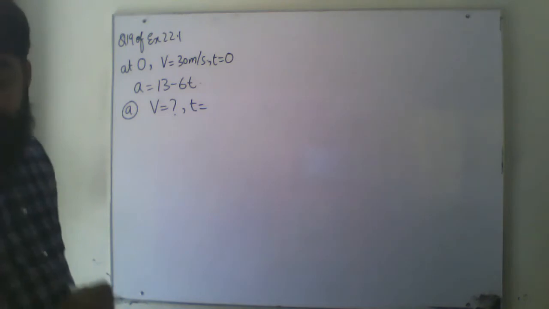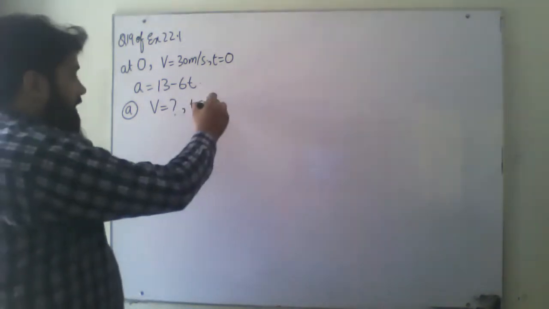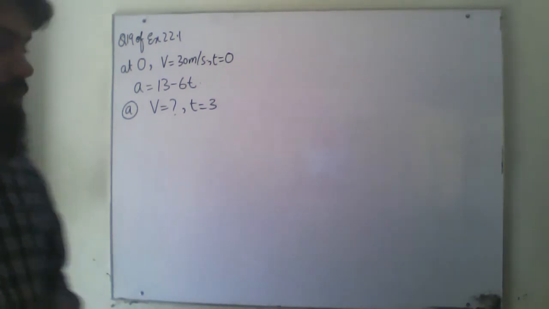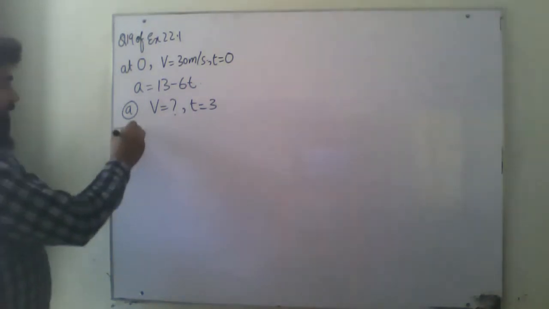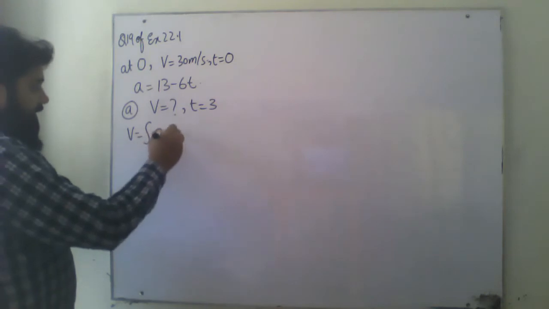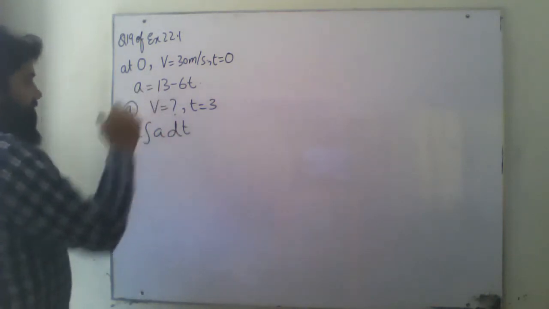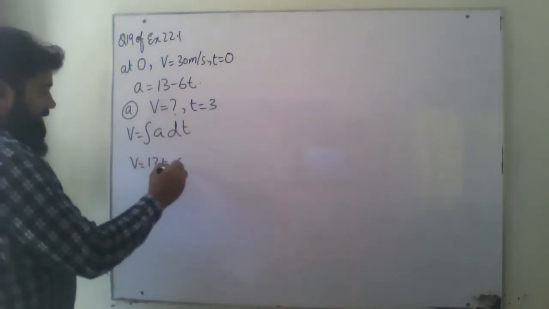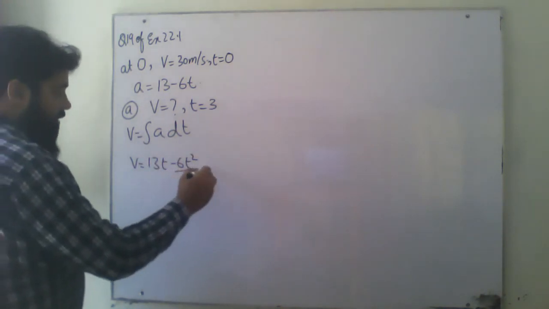I have to find velocity after t equals to 3 second. Okay, so in order to find velocity, what I have to do, I have to integrate a with respect to time. Integrating, this will become 13t minus 6t square over 2 plus c.